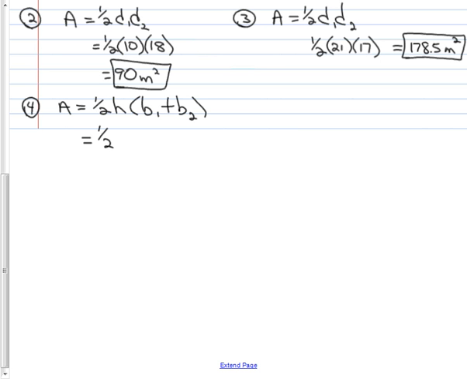Yeah, what's my height? 2.5. Do I know one base? Yes. Which one? Well, 1.5 is the top one. We certainly can figure out both of them. What do I do to get the second base? Yeah, add 1.5. Just drop it down there in between those 2 quarters. So what do you get? 2 when you are done.